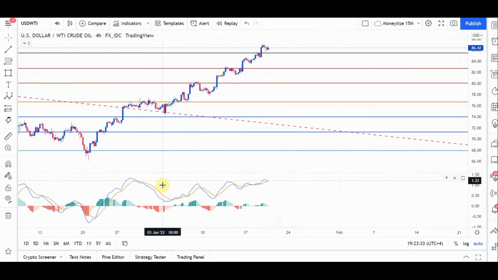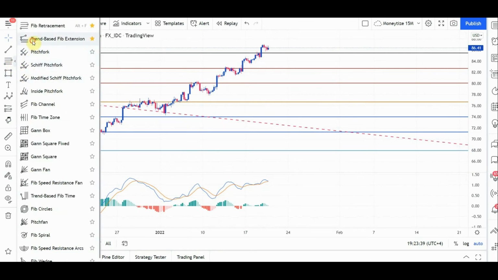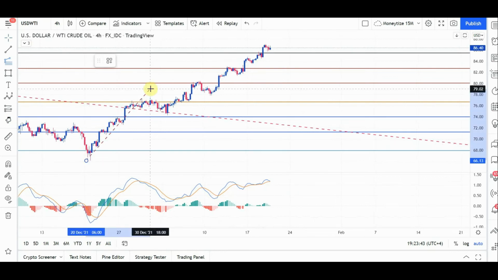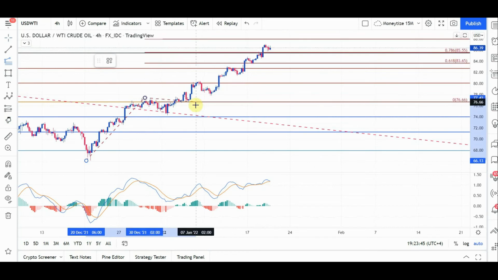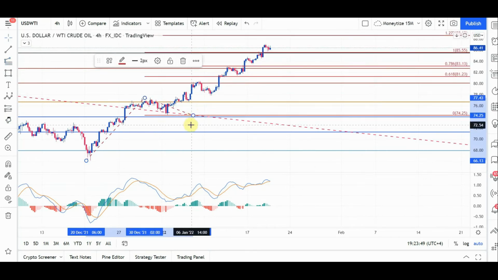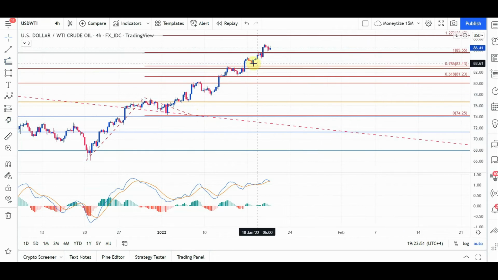On 4 hours, it's rising steadily. Let's mark the fib. This is the swing low, the recent one. And it has already crossed above 85.55, which was again the duplication level.